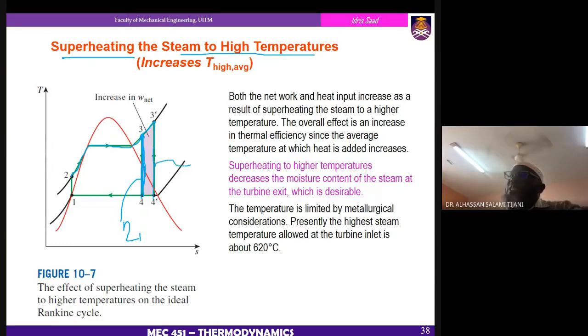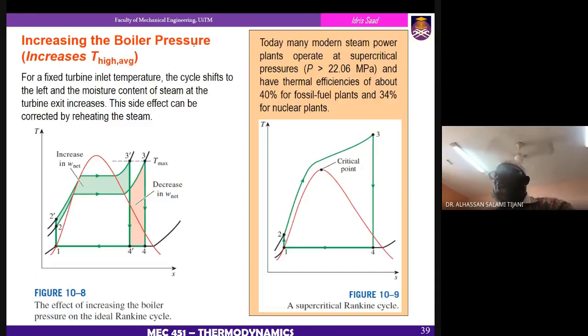So let's say this is efficiency number 2, it means efficiency number 2 will be greater than efficiency number 1 because of this more expansion that we have in the turbine. So superheating the steam to high temperature also increases the efficiency of the cycle.